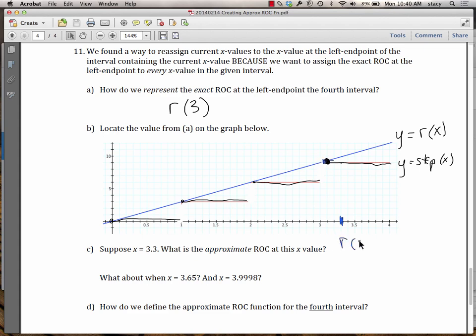So this is also r of 3. And if I let x be 3.65 or 3.99998, then it's still the same r value. And that's the point. We're trying to create an approximate rate of change function that's constant within a given interval, okay? So how would we actually define our approximate rate of change function for the fourth interval?